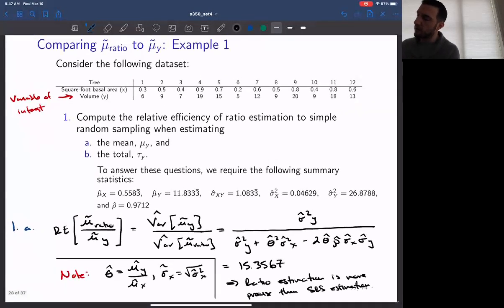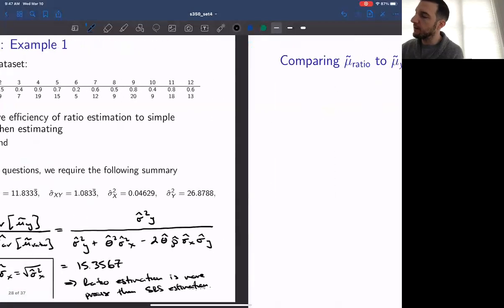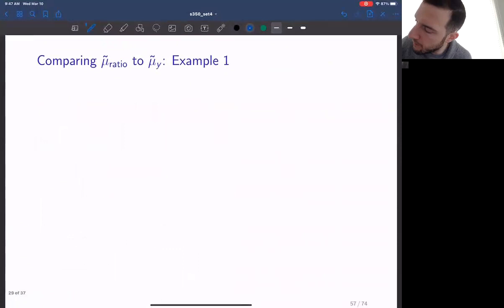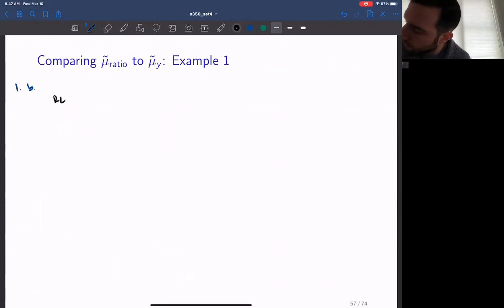Okay, in part B, we're asked to do the relative efficiency for the total. Now this is kind of a cool result. It might be expected for some of you, but if we do the relative efficiencies for the total, we end up with the following. So if we have tau tilde ratio compared to, well, I guess these would be tildes, right? Compared to tau tilde y.